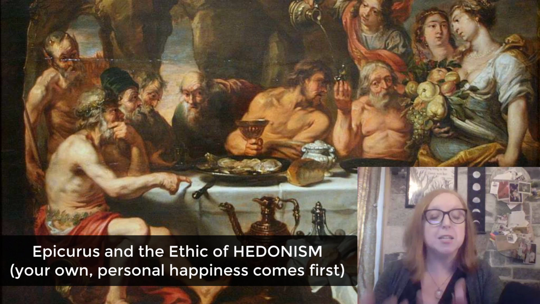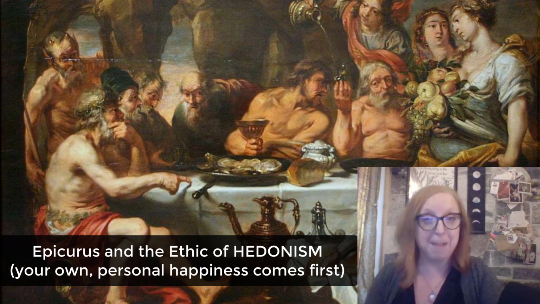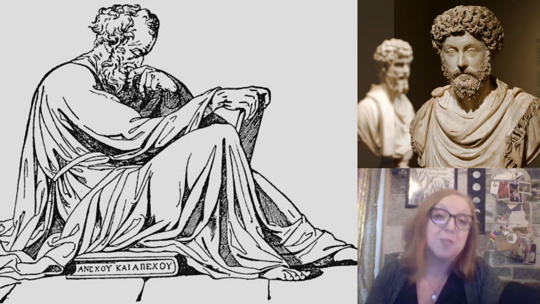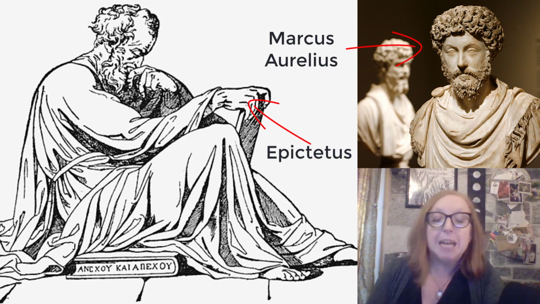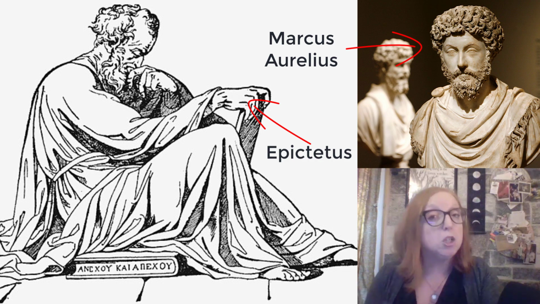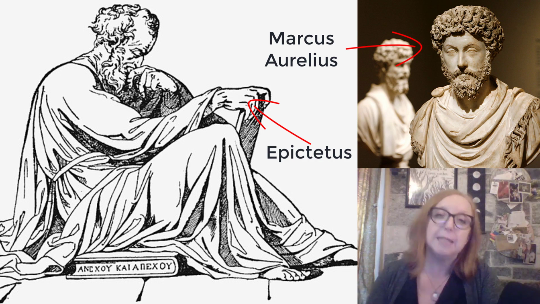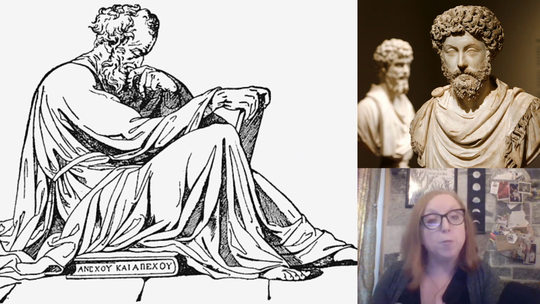Hedonism, which of course ascribes to the idea that you as an individual should always pursue whatever it is that makes you yourself the most happy. And of course, there's also Stoicism, popularized by Marcus Aurelius and Epictetus, who believed that the best thing that we can do for the world is to keep our sorrows and our woes to ourselves, and that by doing so, we would prevent the spread of those sorrows to other people.